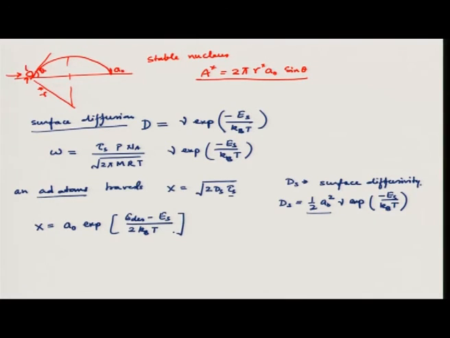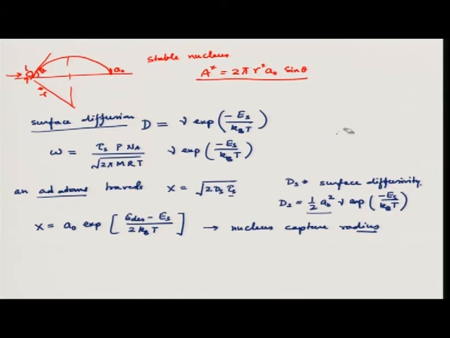This will be my average distance, or we can call this the nucleus capture radius, which means that any stable nucleus will be able to capture... let me plot it this way.